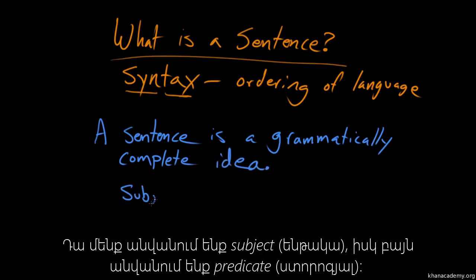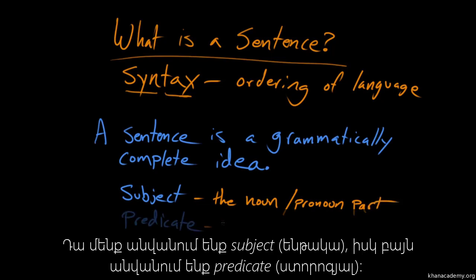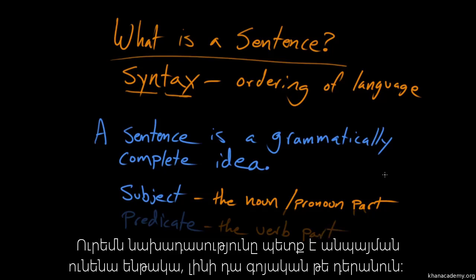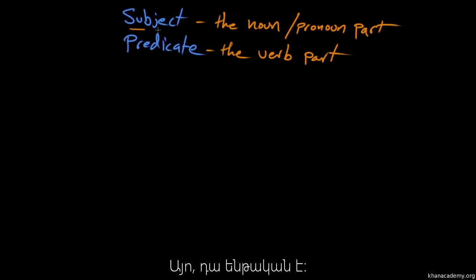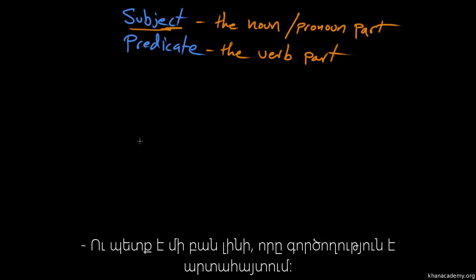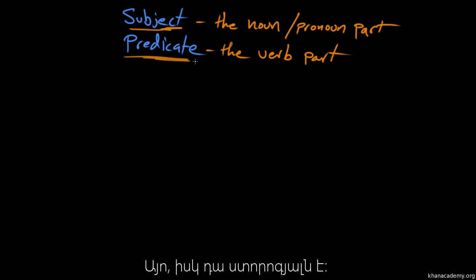And that's what we call the subject. And then we have the verb part, which is the predicate. So a sentence has to have a thing or a noun or a pronoun. Sure, that's the subject. And something that it's doing. Sure, that's the predicate.